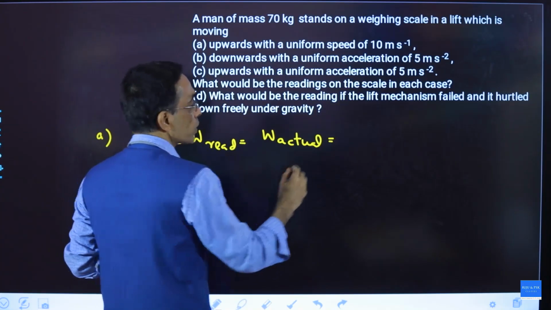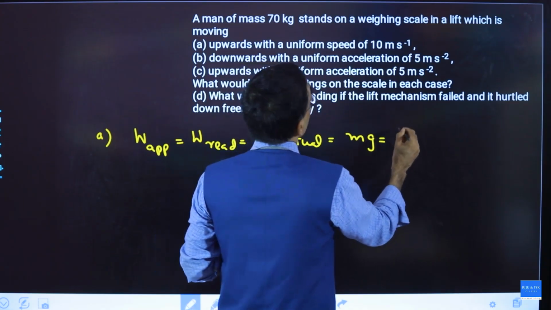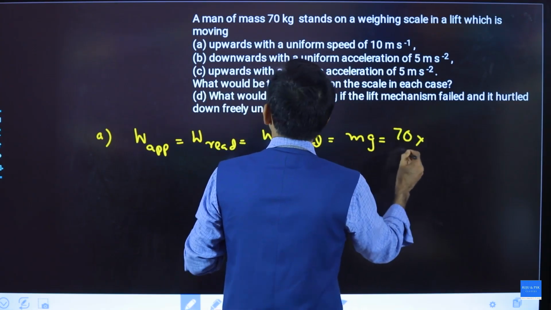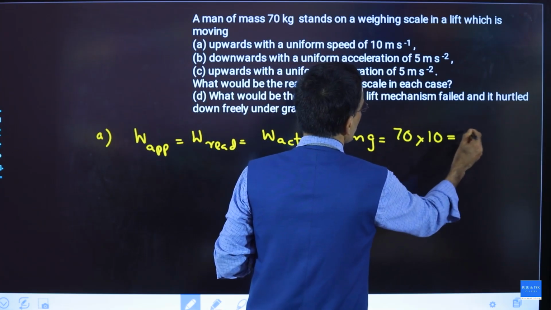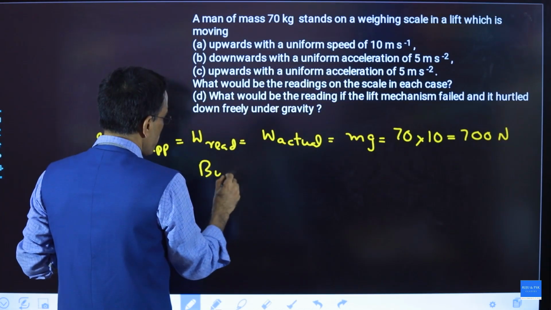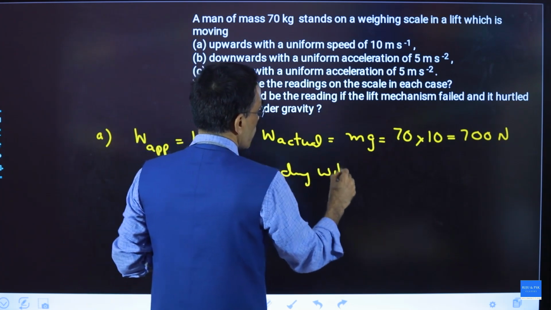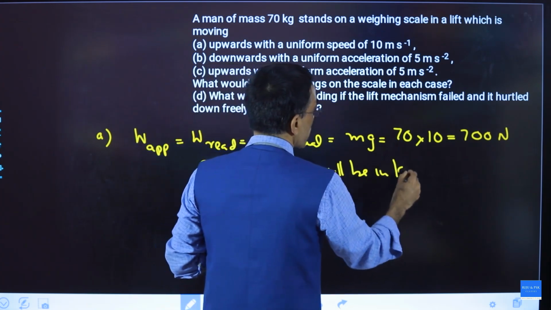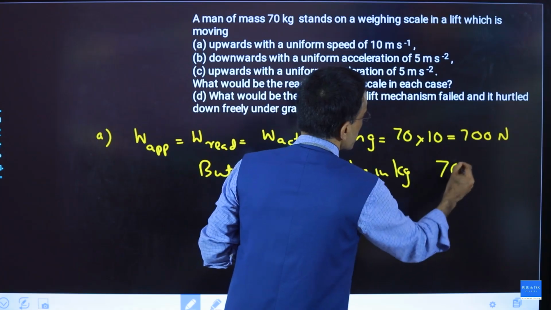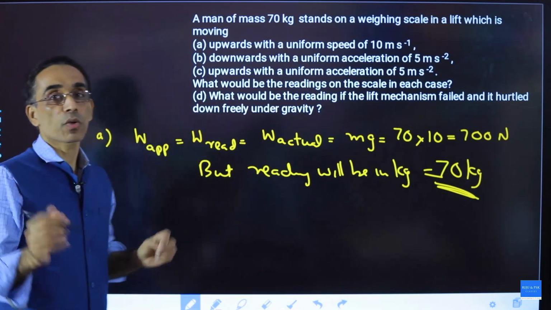W actual means the weight should be mg, and what is m? m is equal to 70 kilogram, and g, if you take it as 10, that should be equal to 700 Newton. But the reading will be in kilogram. How much kilogram? 70 kilogram. That is the point. The reading will be 70 kilogram, the actual weight.